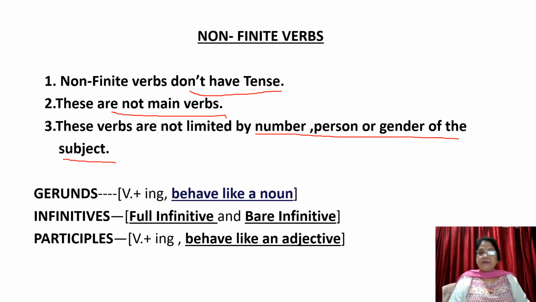In case of gerunds, when we add ing to the verb, it behaves like a noun. Whereas in participles, it behaves like an adjective. It serves the purpose of an adjective. That is the basic difference between gerunds and participles.